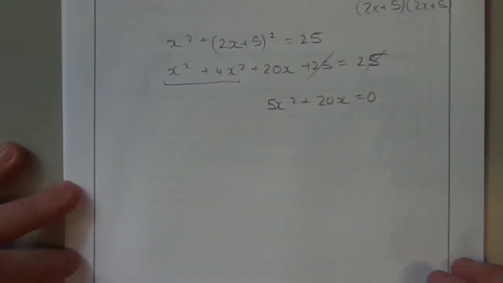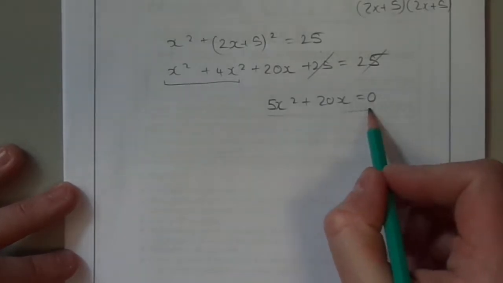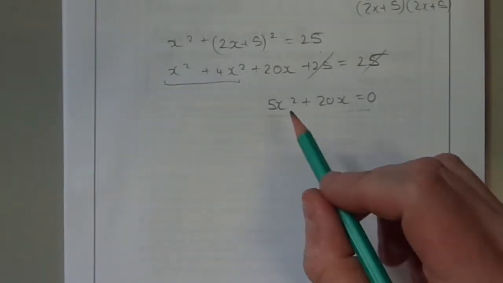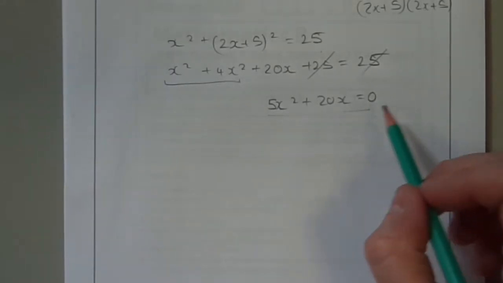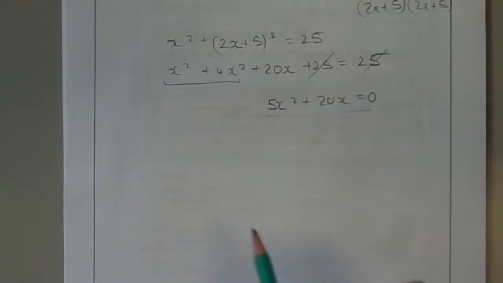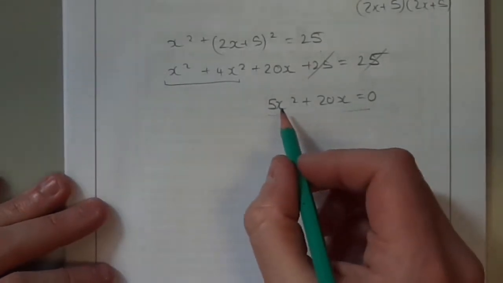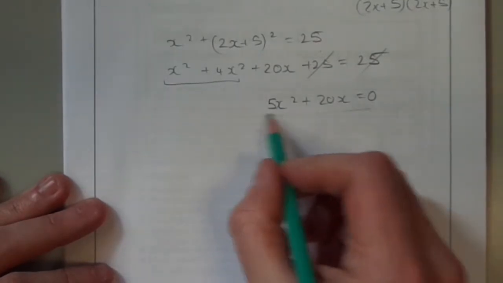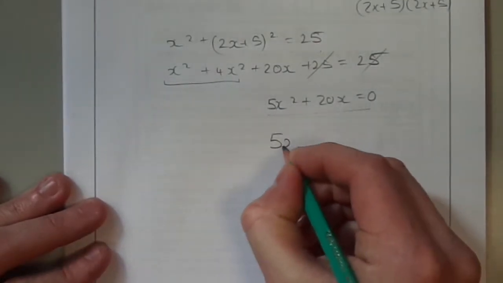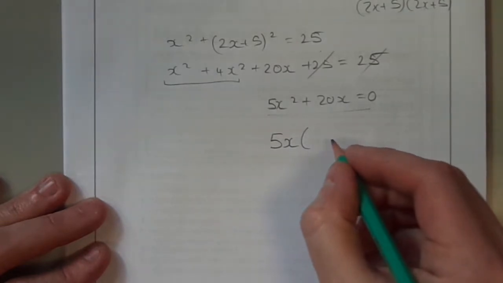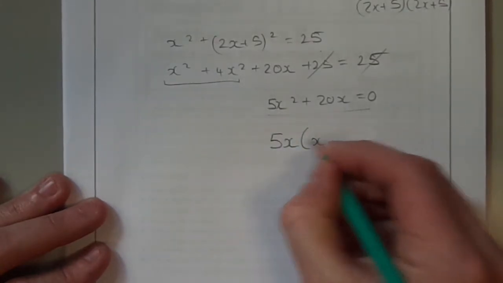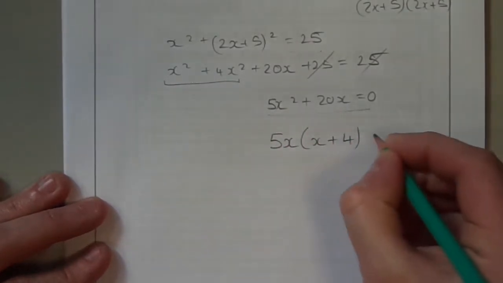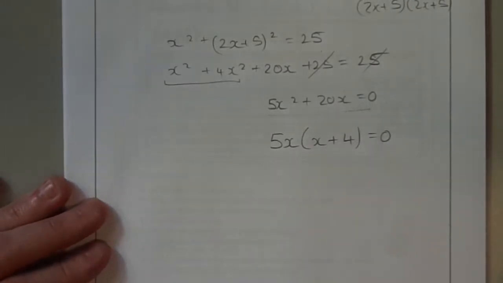Okay, this is a quadratic equation, but it's not a 3-term quadratic. There's no number on the end, so this one doesn't go into two brackets. We have a look and see what do these two divide by. They both divide by 5 and by x, so we can have a single bracket where we take out a common factor of 5x and we have x plus 4 inside.